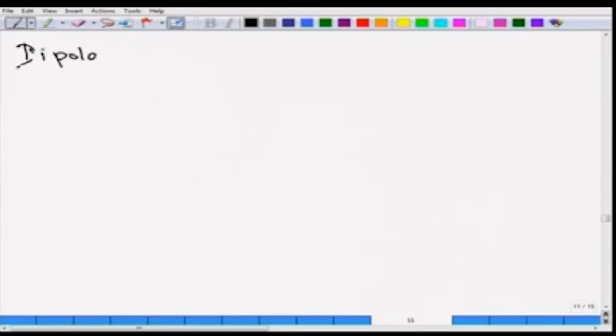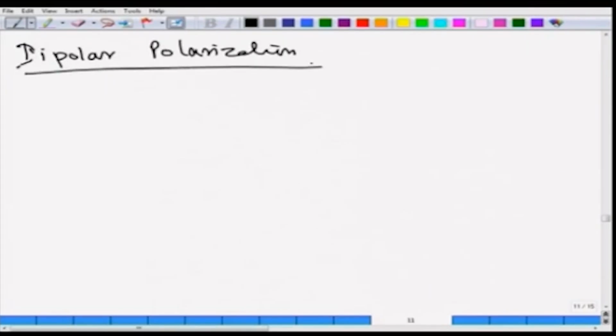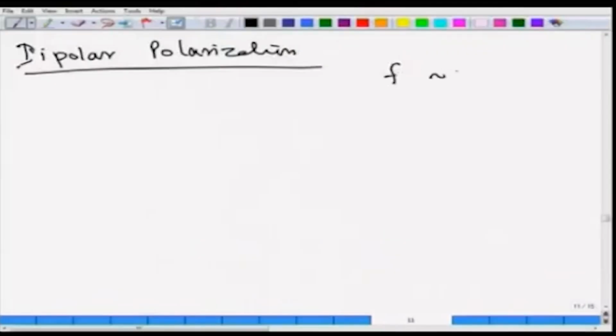Now let us move to the next one, dipolar polarization, and I am talking about this more because in the next lecture, the 20th lecture, we will talk about non-linear dielectrics, and this mechanism plays a major role there. Just to say, the frequency of operation is up to about 10 to the power 10 hertz.